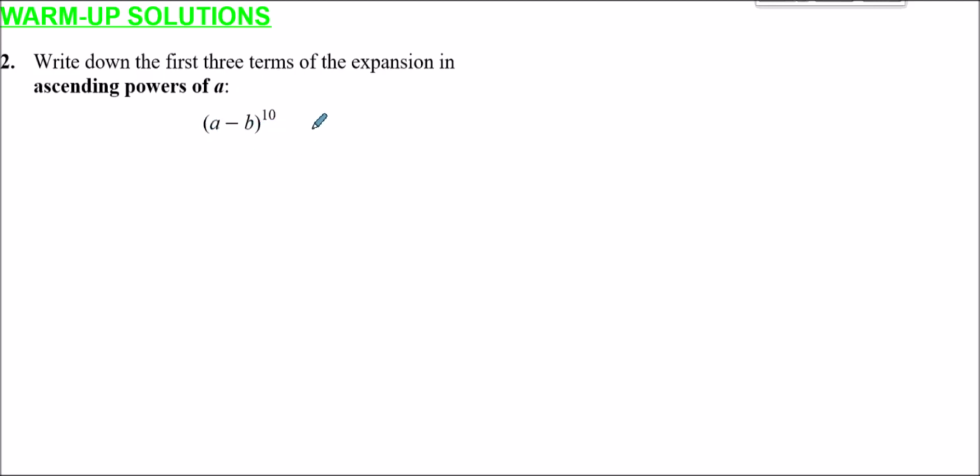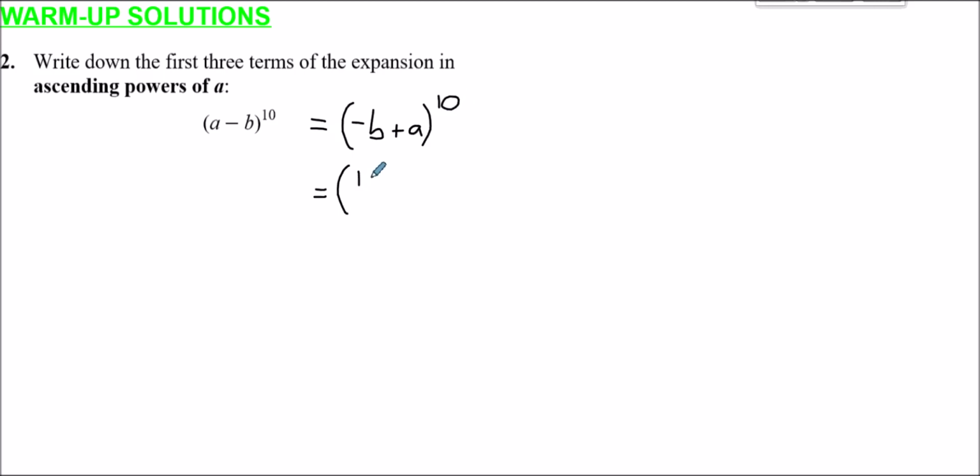So what we can do as a little tweak to this is we can rewrite this, put the minus b first, and the plus a second. Now that little trick will make it run as we need.